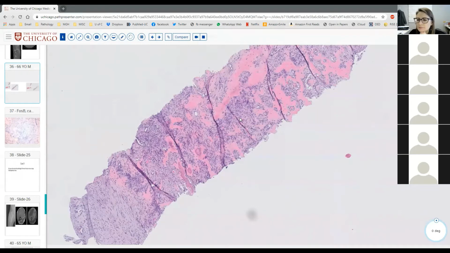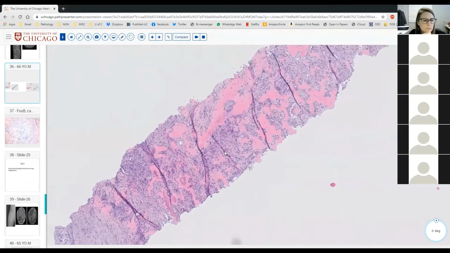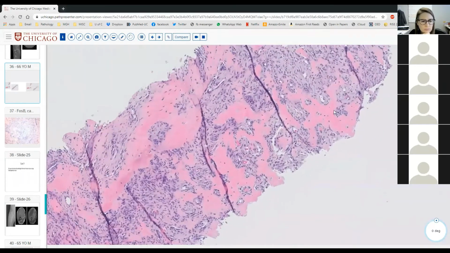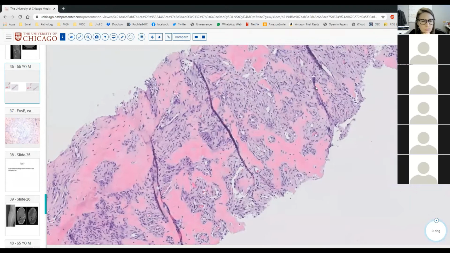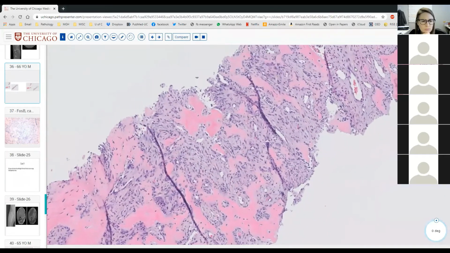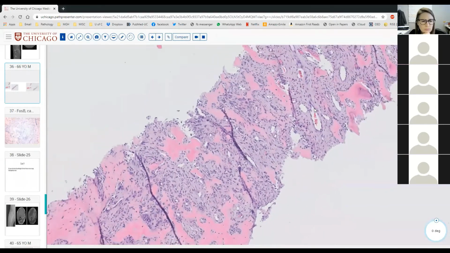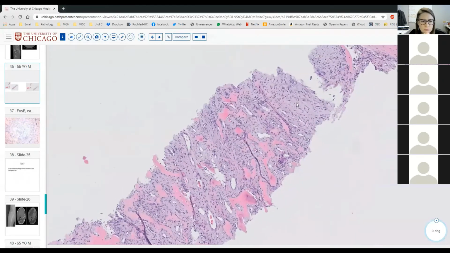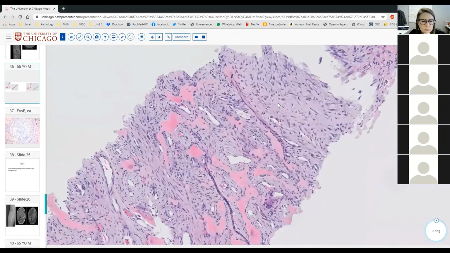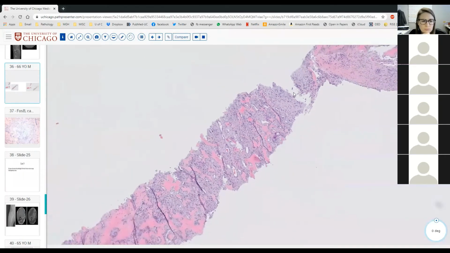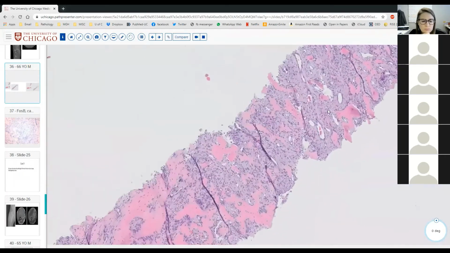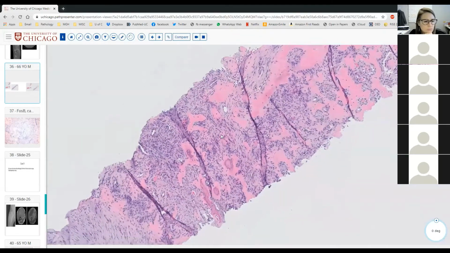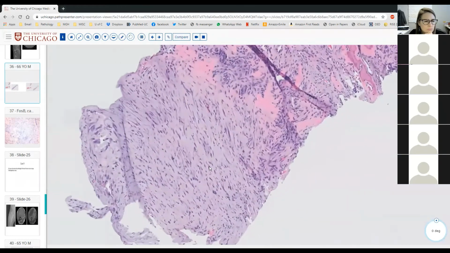Okay, so I'm seeing bone trabeculae, and the intertrabecular space is filled with fibrovascular tissue. And I think the vascular component is prominent. So it's like dilated capillaries maybe.